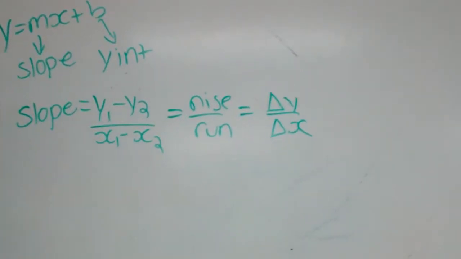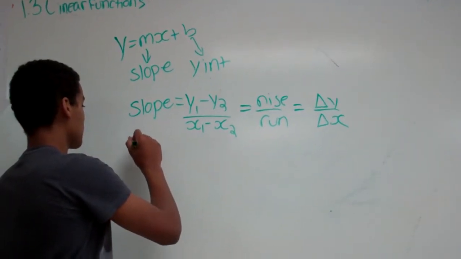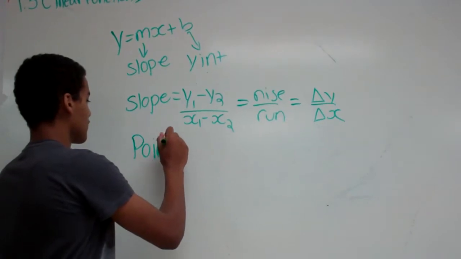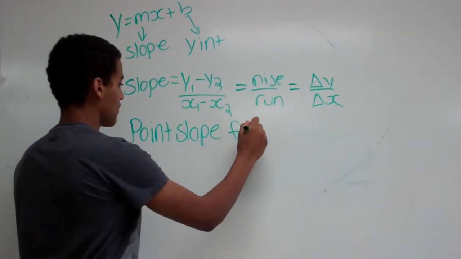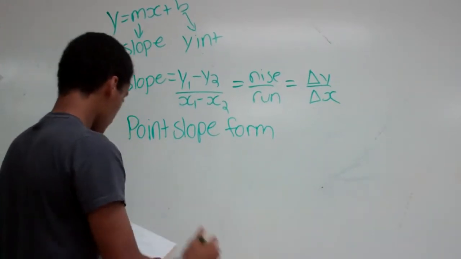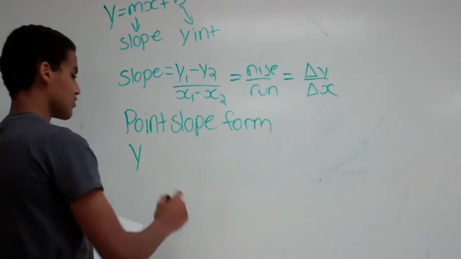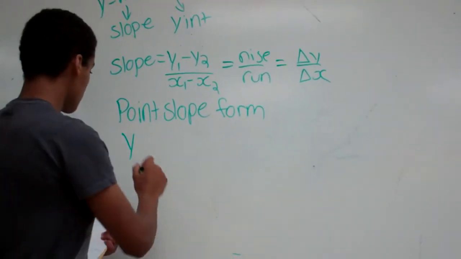And the other equation that we have is called the point slope form, which is actually one equation where you can write it two different ways.